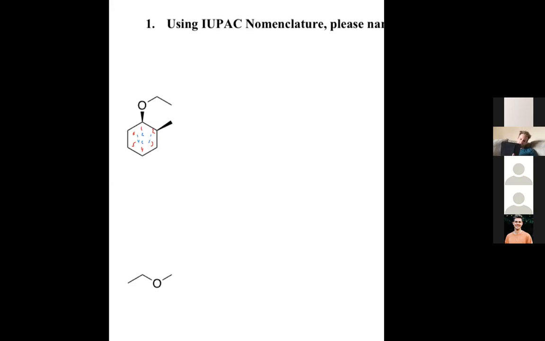This is an ethoxy versus a methyl. E comes before M. We're going to number it the red pathway. Oops, that's not the erase button.